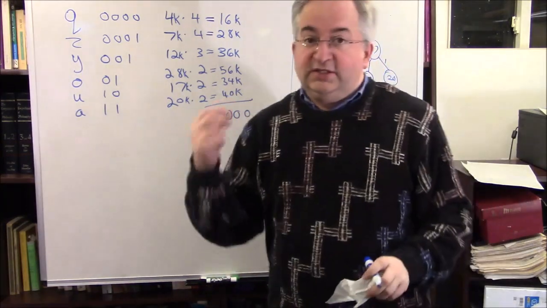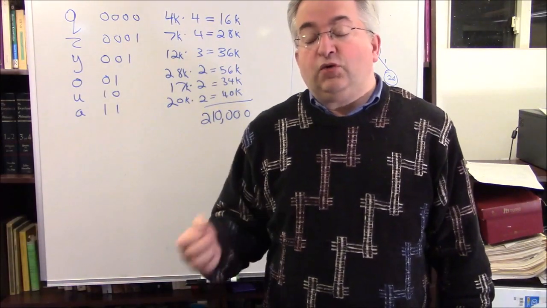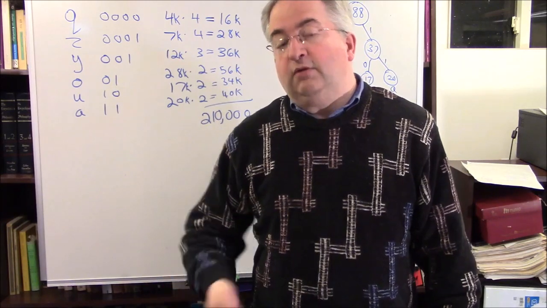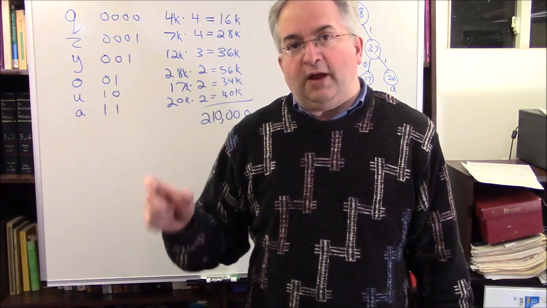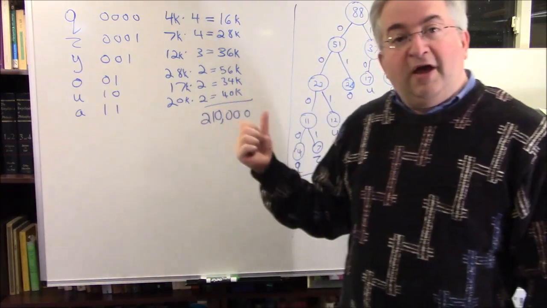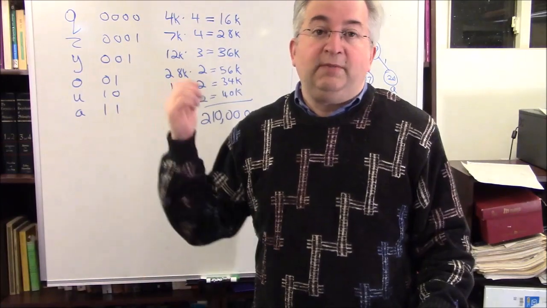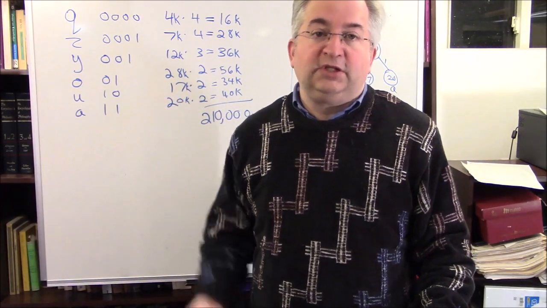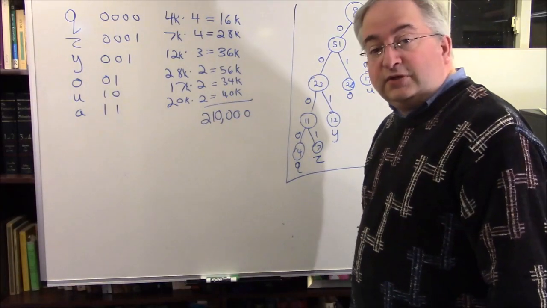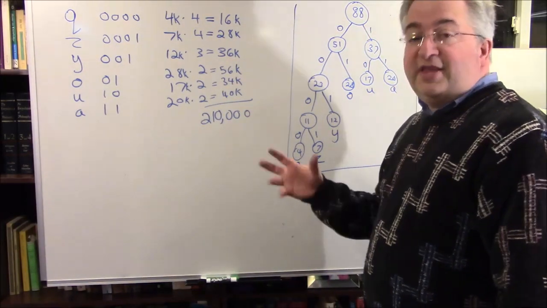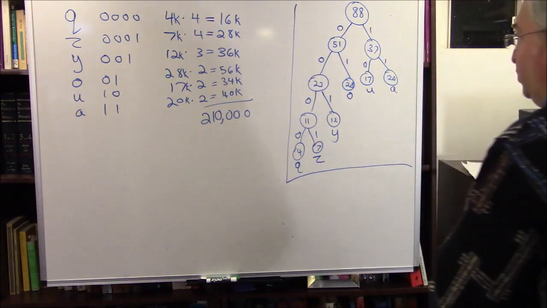So we took the single file and stored it, but rather than storing it a typical way, assigning to each one 3 bits, we did the Huffman code algorithm, and we had some better, some worse, some 4 bits, some 3 bits, some 2 bits, and we got from 264,000 bits to 210,000. That's called compression. That's a nice compression.